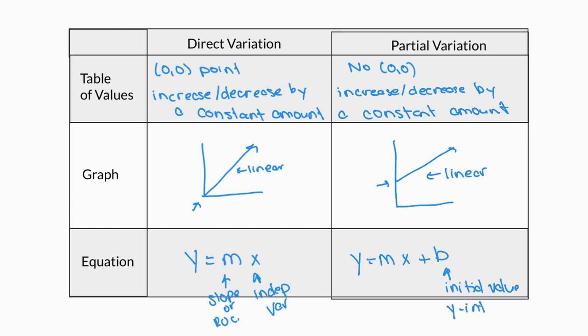You could call it either one. Okay? So the difference between the equation of a direct variation and partial variation is that plus b value.